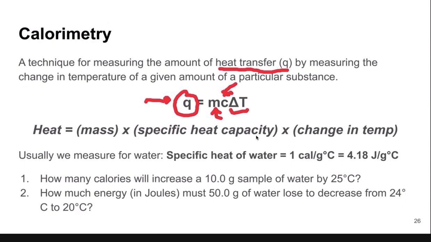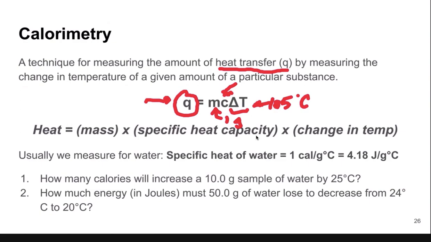And maybe it makes a little bit of sense. It's like, how much did the temperature change? Let's say it changed 5 degrees Celsius. And if I had 1 gram of it, maybe you would expect these both to multiply to tell you how much heat change happened. Versus, if it rose 105 degrees, you would expect there to be a lot more heat transferred because it changed by much more temperature.